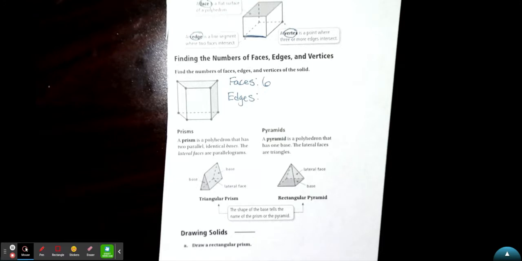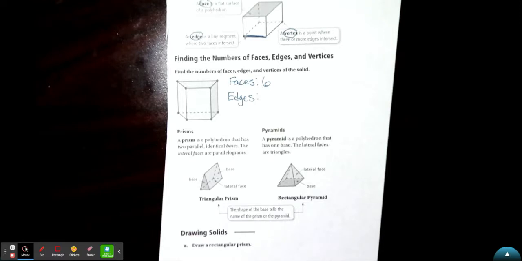All right. 4. Who's 4? Okay, how many edges did you count? 10? Okay. Do we agree? Okay, other people got other answers. That's okay. It's close to 10. 5. 8. Do we agree?